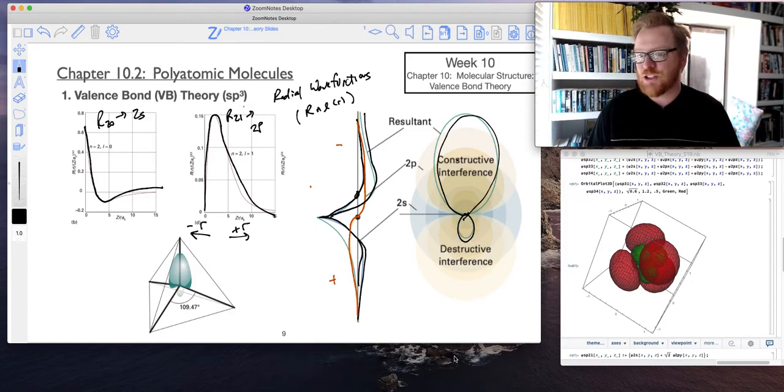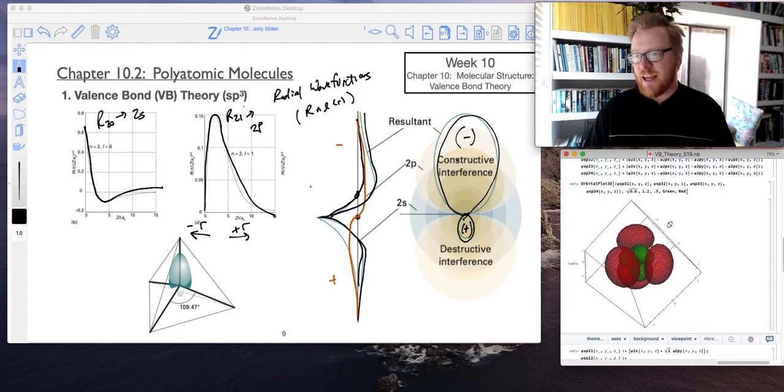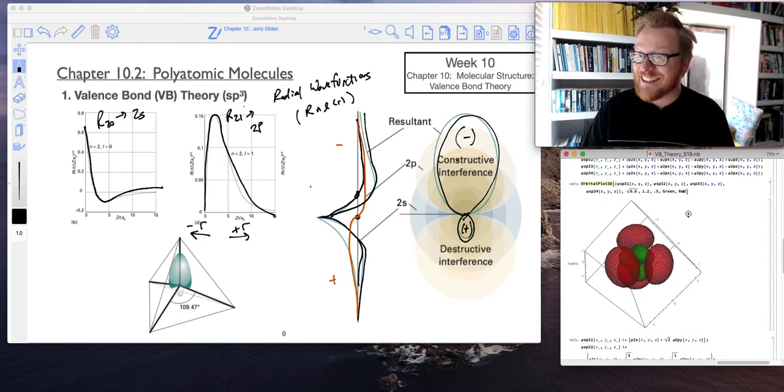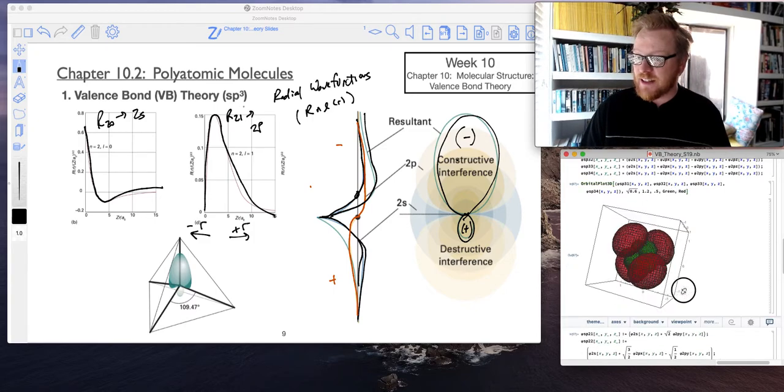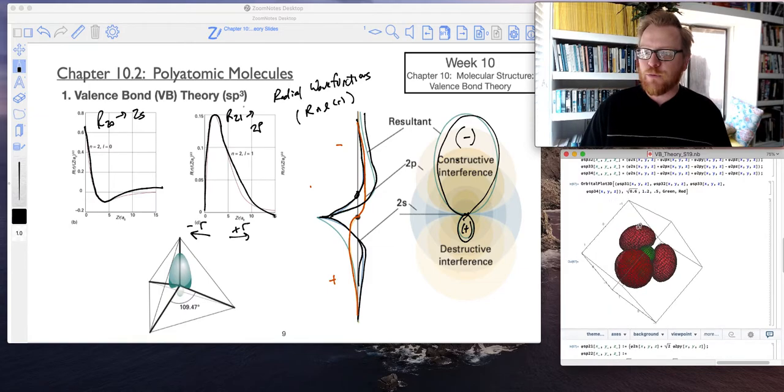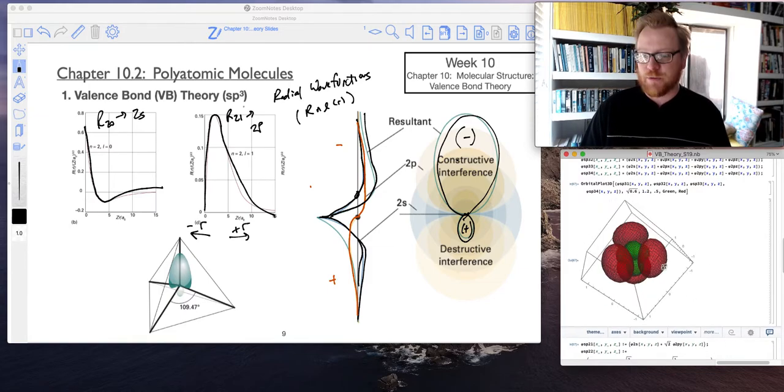That's all destructive interference. And right, this bigger area right here, that was the negative region, and this bigger area right here, that's the positive region. And if you look at my Mathematica model, here I've specifically labeled red as the negative region and green as the positive region. So we can see this larger negative region lobe and this smaller positive region lobe, okay? And of course we know that those are, right, the 109, technically 109.47, 109.5 is the angle we all know and love.